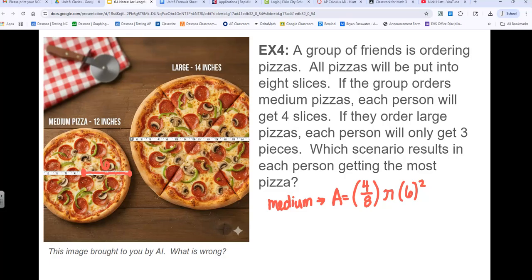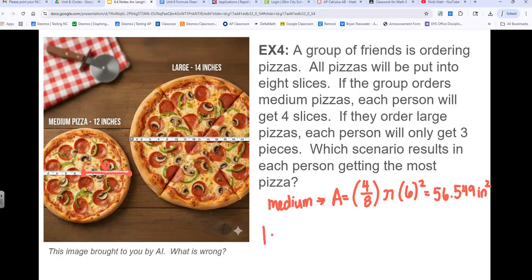So if I type in 4/8 times pi times the radius squared, then I should get 56.549 square inches. So with the medium pizza, I'd get 56.549 square inches.